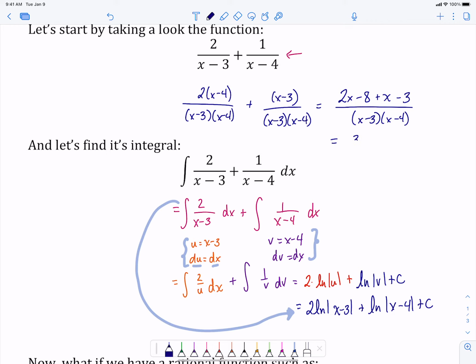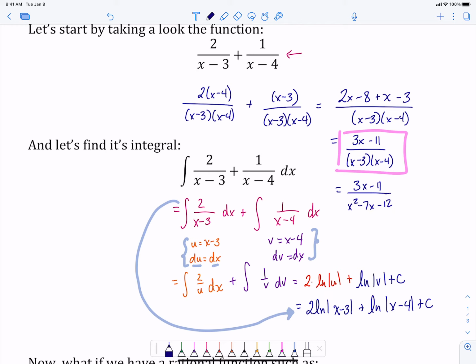And then normally, we add those like terms on the top of our fraction, and this is normally how we see a rational function. Or even, the way we normally see it, we would have the denominator multiplied out. This is probably a little bit more how we're used to seeing a rational function.